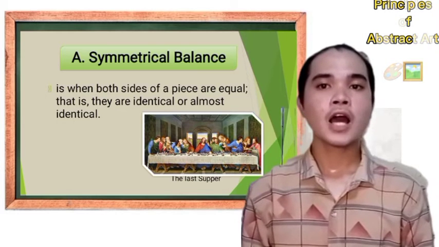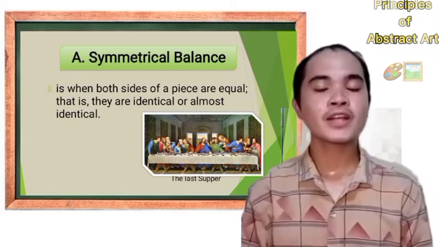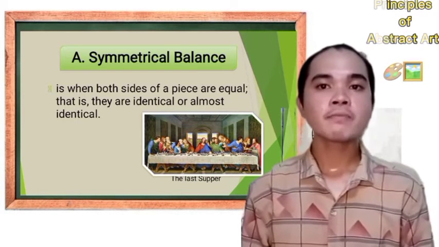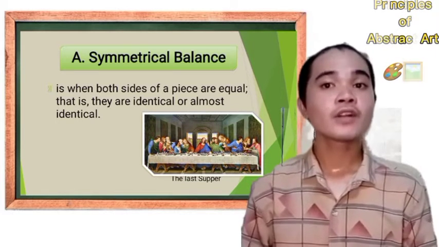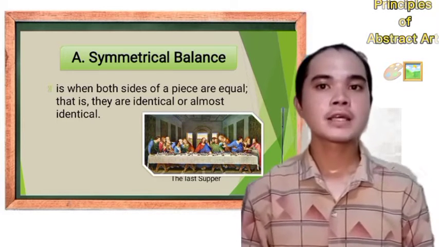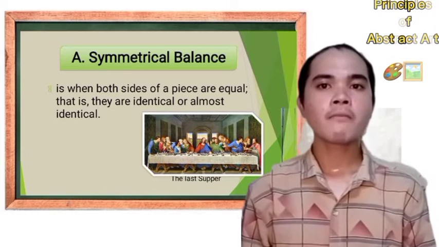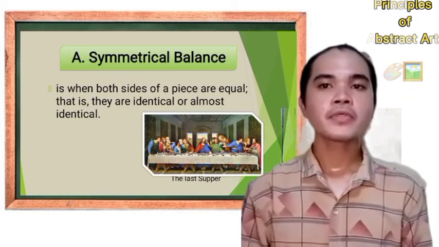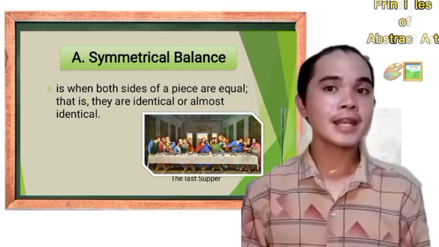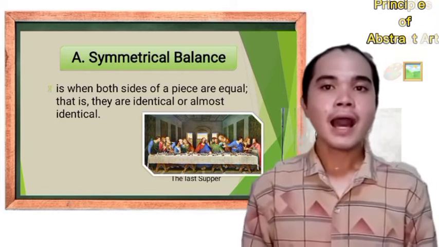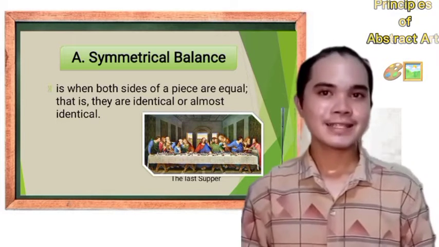Da Vinci uses the compositional device of symmetrical balance and linear perspective to stress the importance of the central figure, Jesus Christ. There is slight variation among the figures themselves, but there is the same number of figures on either side, and they are situated along the same horizontal axis.